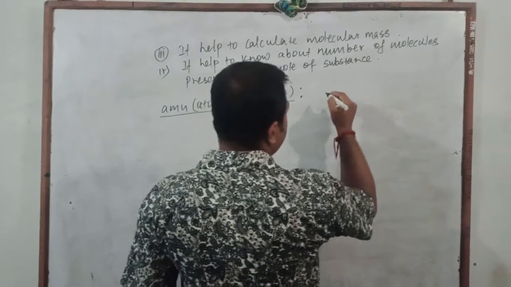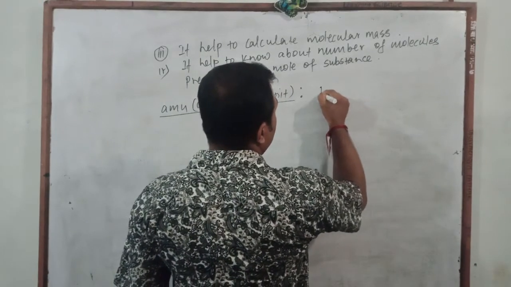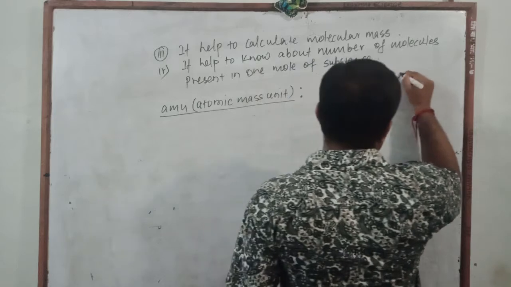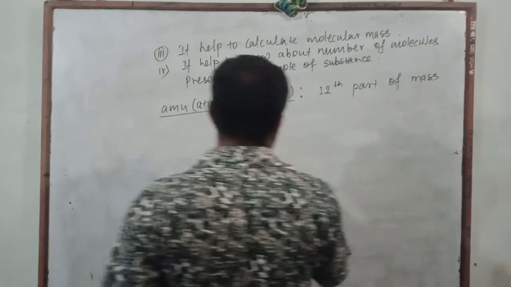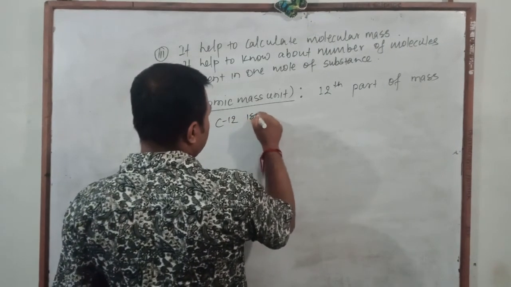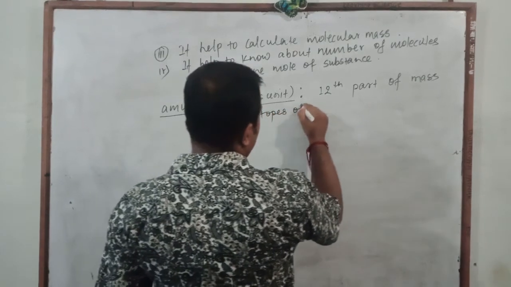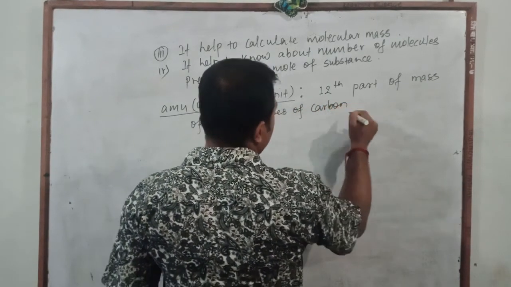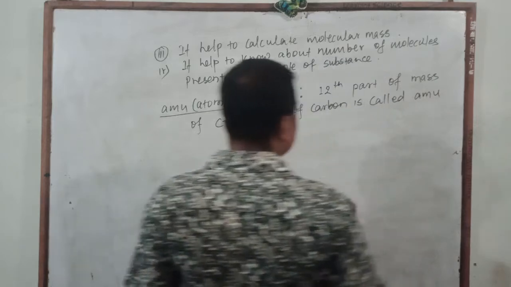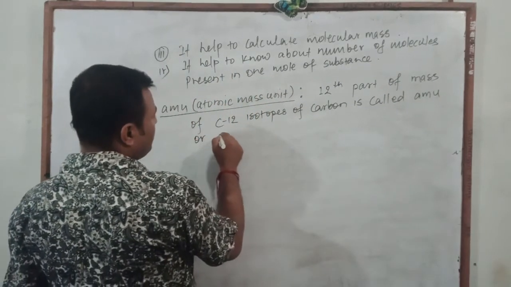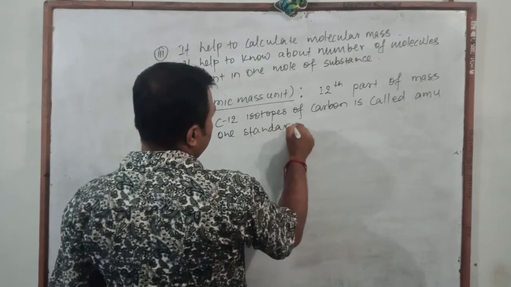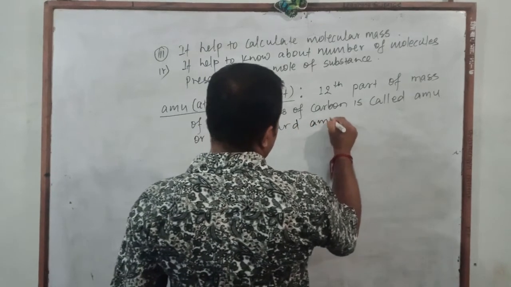And here we write 12th part of mass of C12 isotopes of carbon is called AMU or atomic mass unit, or one standard atomic mass unit.